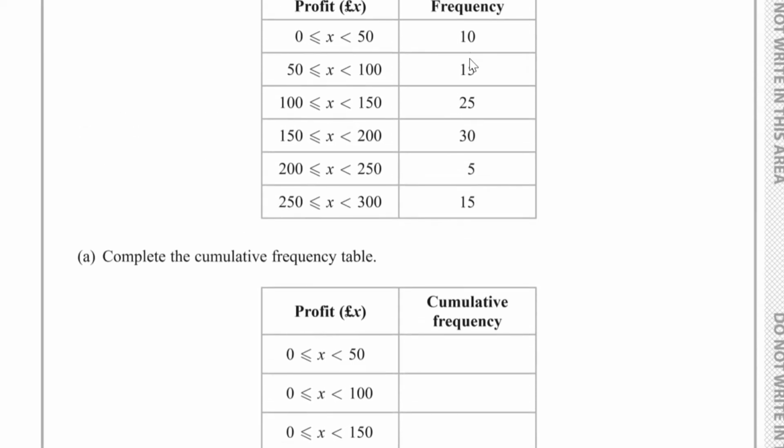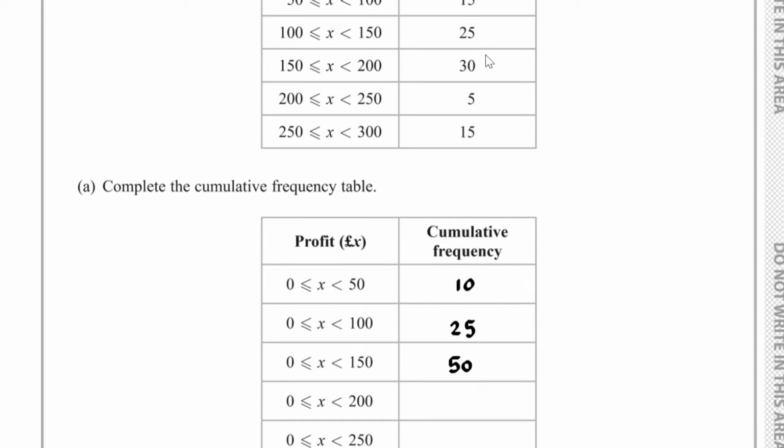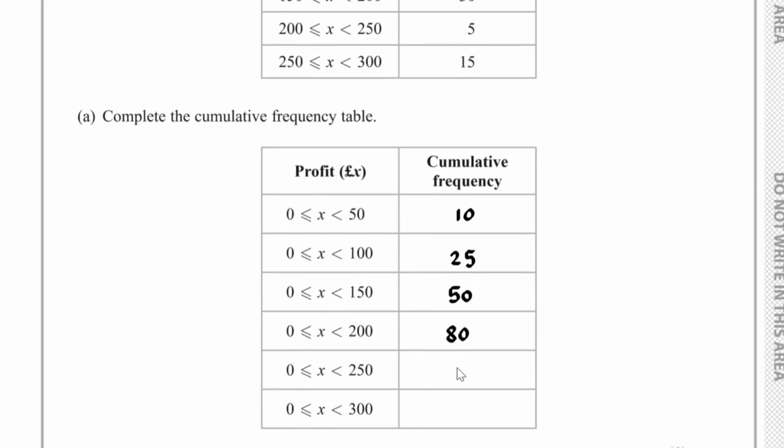Well, we start off with the 10. 10 plus 15 is 25. 25 plus the 25 is 50. 50 plus the 30 is 80. 80 plus the 5 is 85. And 85 plus 15, that's 100.